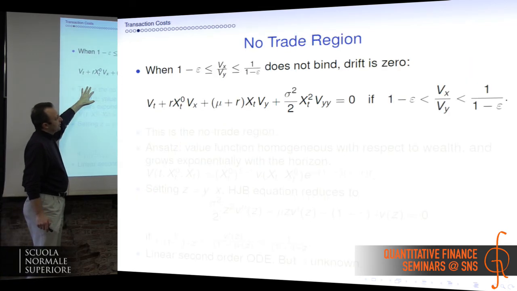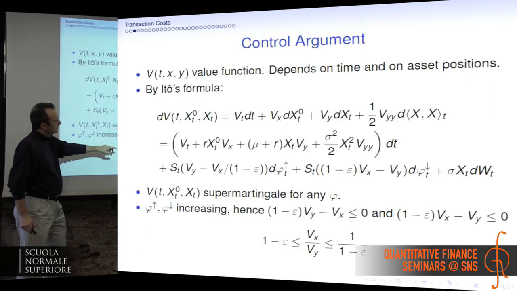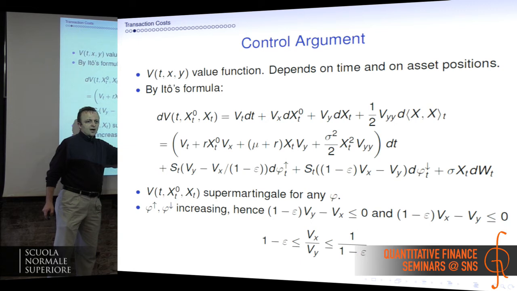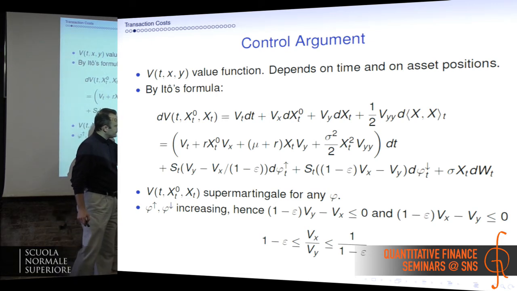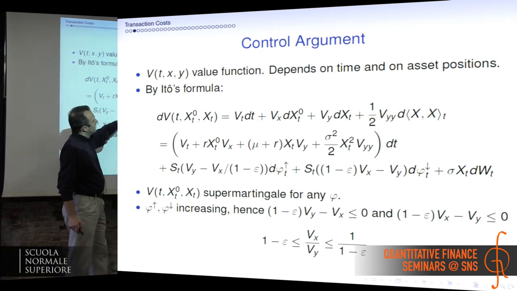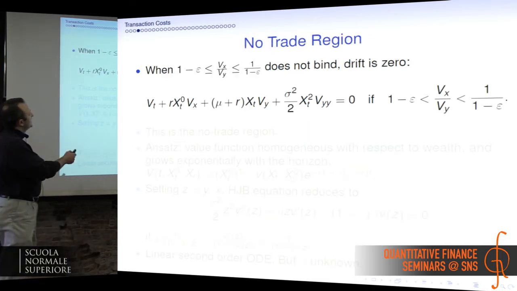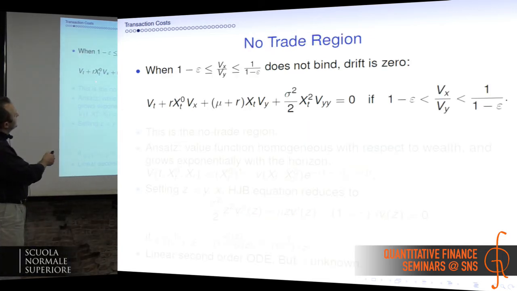On the old term, we know that when these two are both satisfied, so suppose that this is satisfied, then this should be less than or equal to 0. So we have this equation here, which is the drift equal to 0.